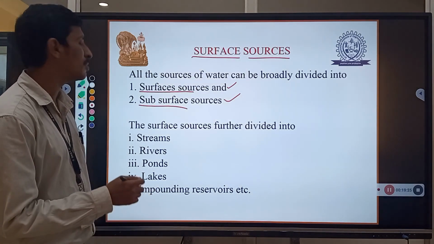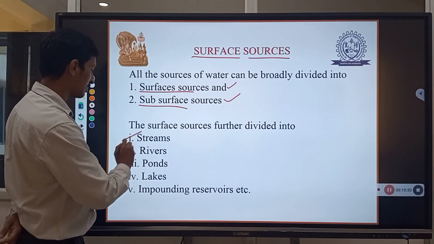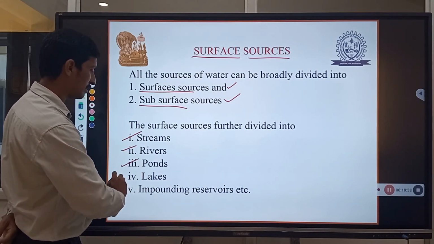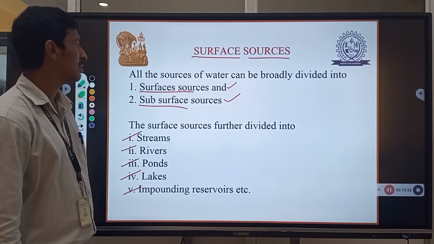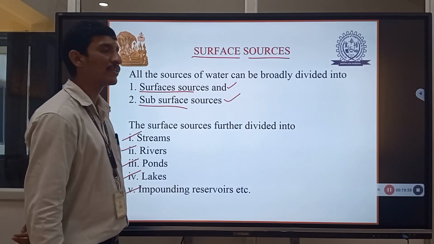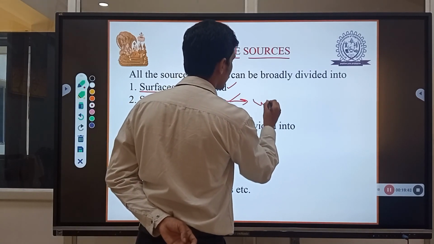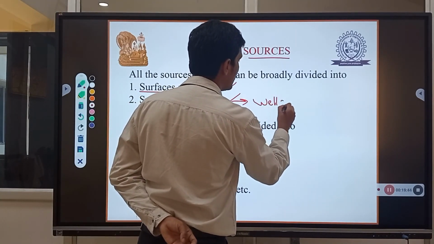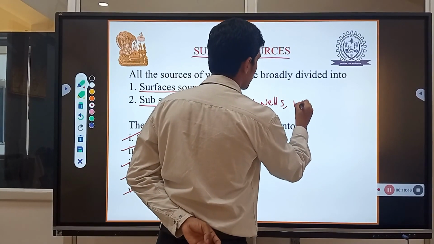A few examples of surface sources are streams, rivers, ponds, lakes, and impounding reservoirs. Subsurface sources are wells, infiltration galleries, etc.